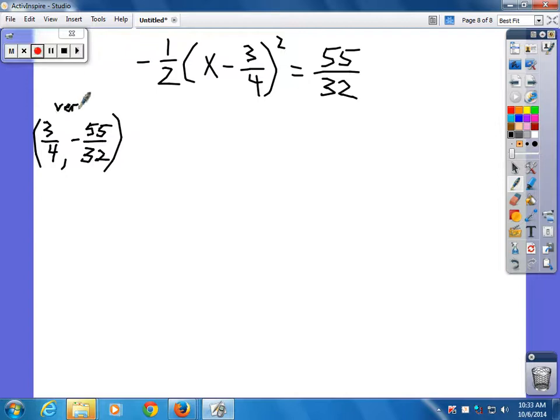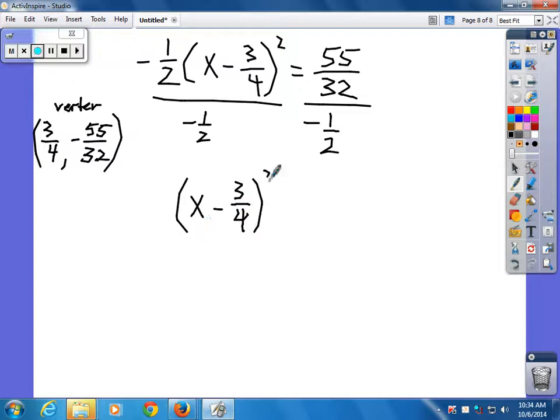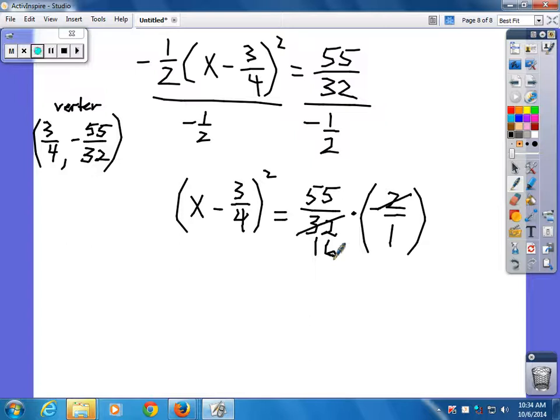That should be the vertex: half of both, I mean, opposite of both, and divide by negative 1/2. x minus 3/4 quantity squared is equal to 55 over 32 multiplied by negative 2 over 1. And that 2 goes to 16. So x minus 3/4 quantity squared is equal to negative 55 over 16.